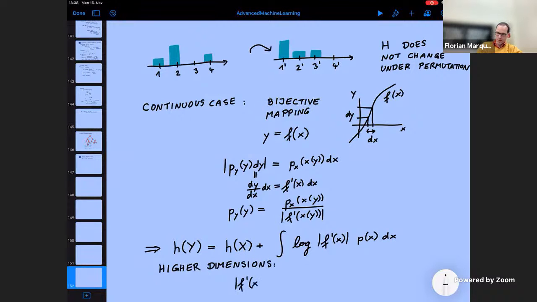So instead of f prime, I need the determinant of the Jacobian matrix. And we already know what is the Jacobian matrix, of course. That's the matrix that contains all the derivatives of this function f. Okay, so this is something you have to live with for probability densities.